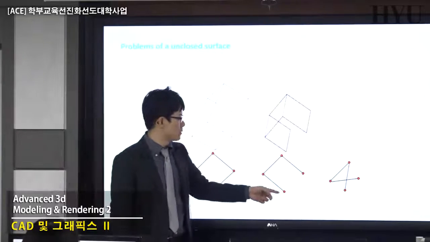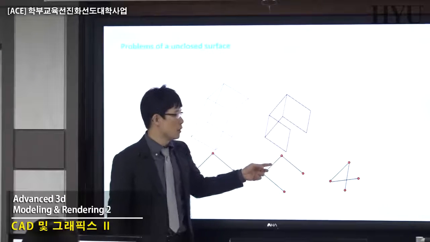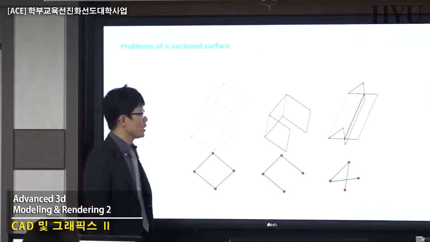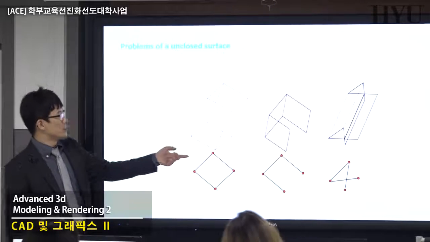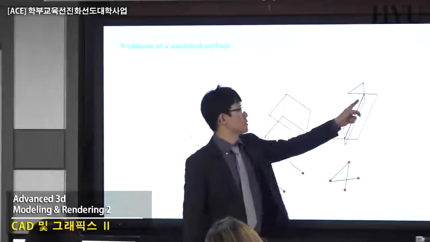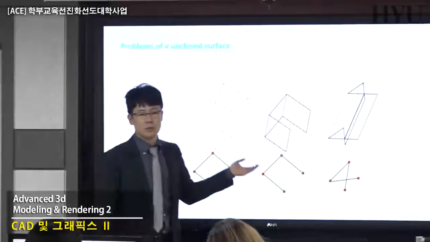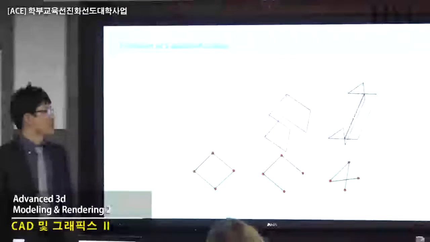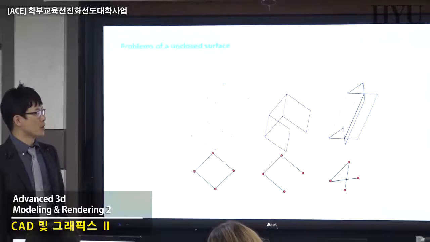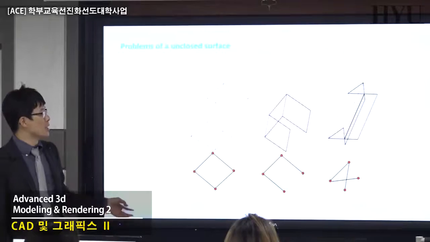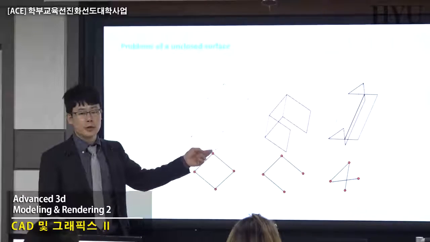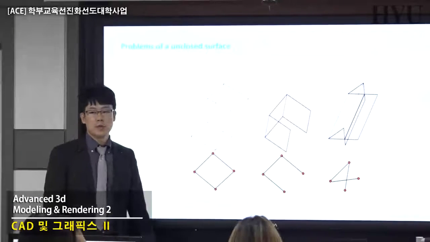But if you have this kind of unclosed one or some topologically ill-defined one, dangled elements, dangled object, because of them, they are looking something wrong in real world, physical object. So this is physical object looking, others something ill-defined.